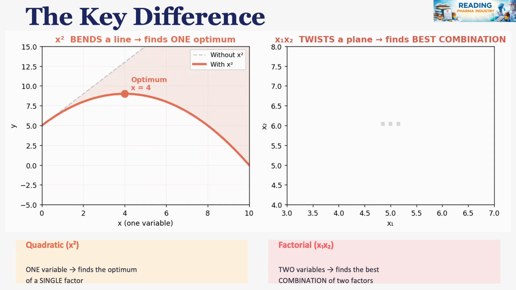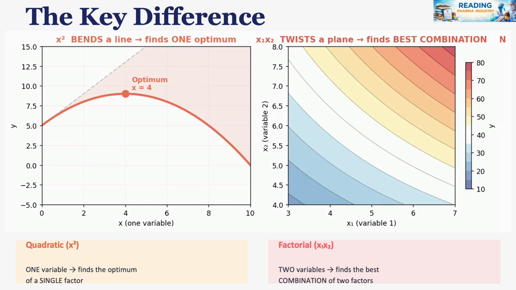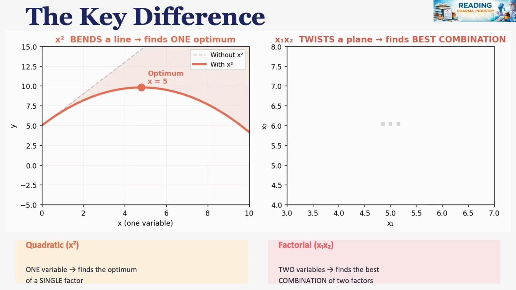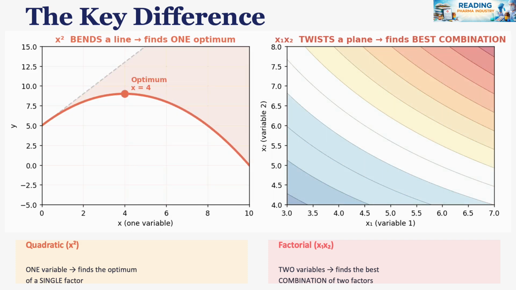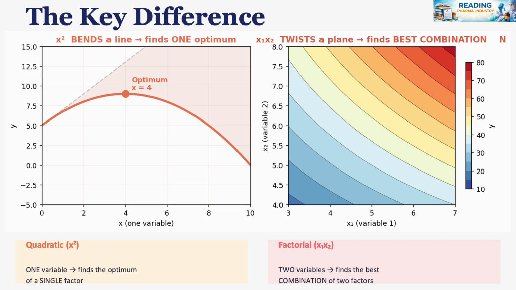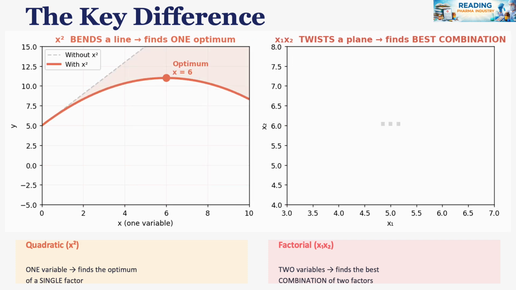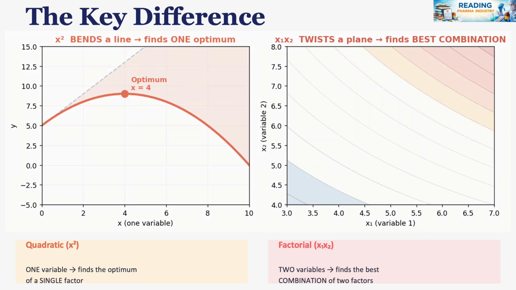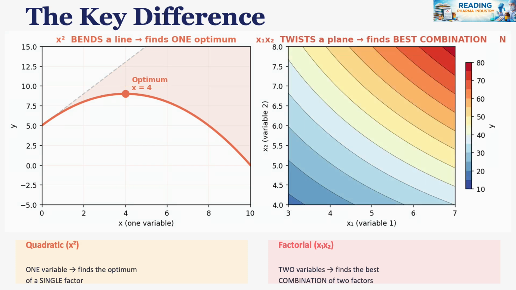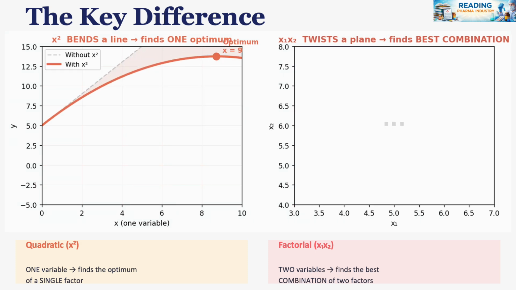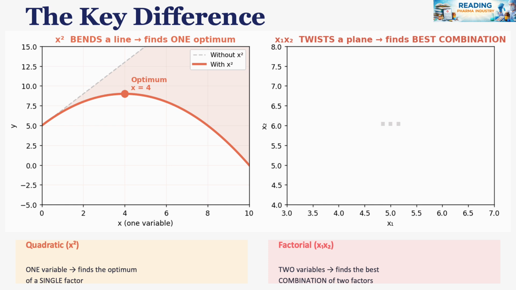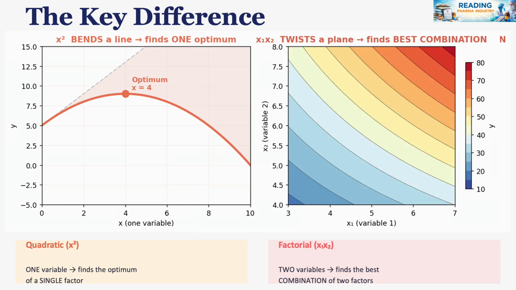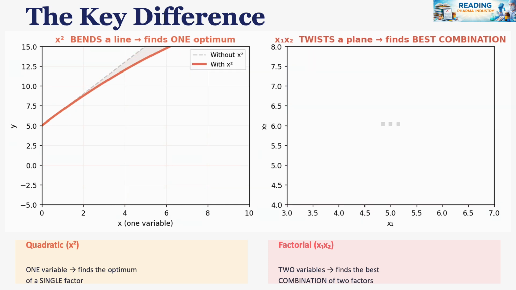The quadratic x squared finds the optimum of one factor, a single peak on a curve. The factorial x1 x2 finds the best combination of two factors. That is a region on a contour map. That's why we need the interaction term in the formulation when we do optimization of pharmaceutical formulations.